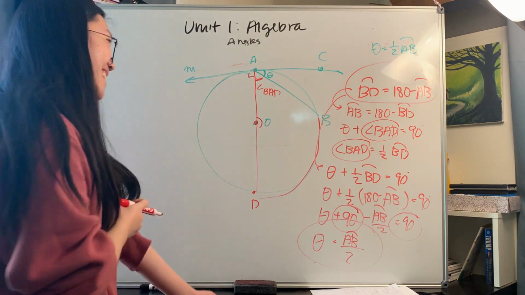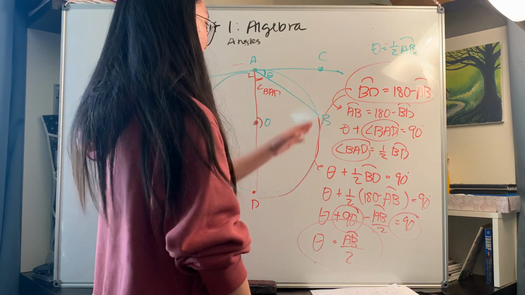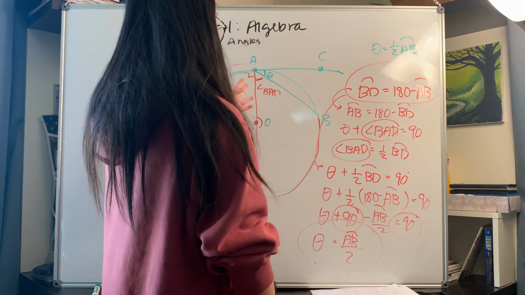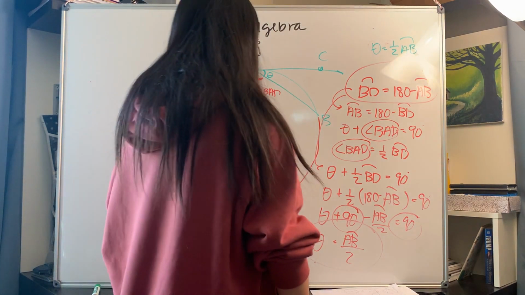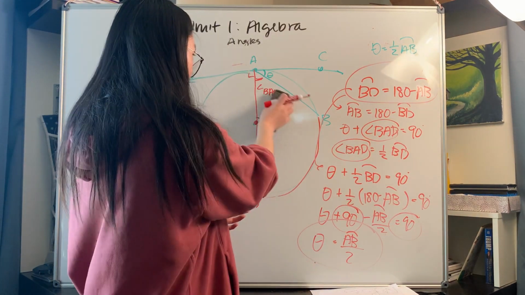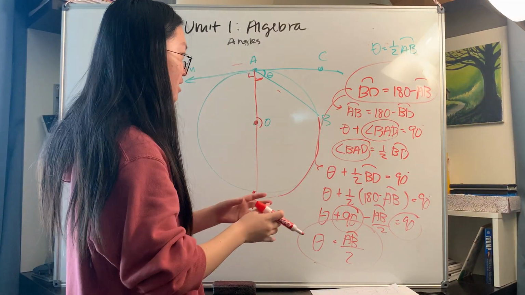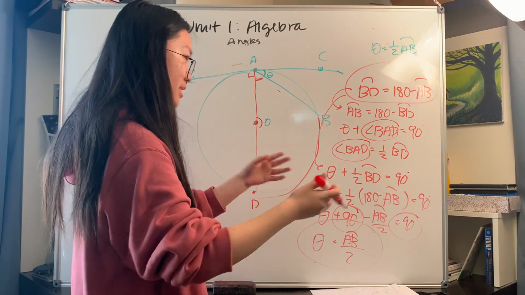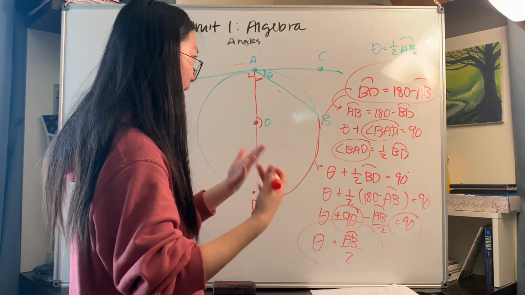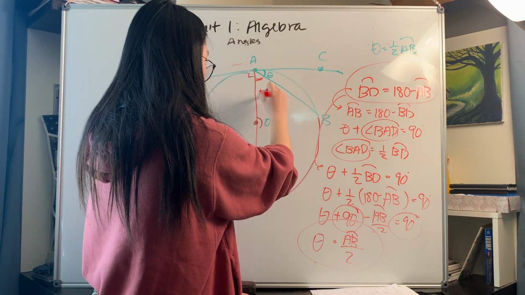So the most important thing to realize about this is the relationship between the arcs and intercepted angles. To reconcile the two worlds, you need to reconcile the measure of the arc and the measure of the inscribed angle. So you have BAD here.